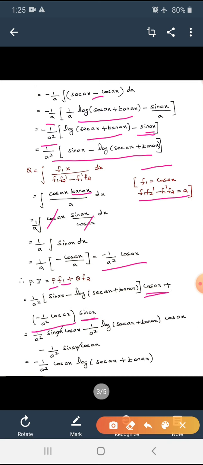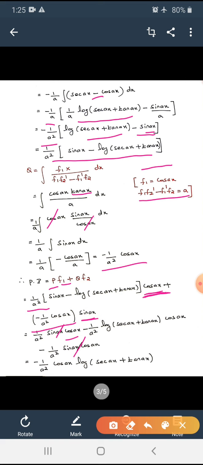So we get 1 by a square sin ax into cos ax minus 1 by a square log secant ax plus tan ax into cos ax. We are multiplying 1 by a square and cos ax with each term. Similarly, in the second term you multiply with sin ax. So we get minus 1 by a square sin ax into cos ax. Here you can see 1 by a square sin ax cos ax minus 1 by a square sin ax cos ax. We can cancel these two terms. So the remaining term will be minus 1 by a square cos ax into log secant ax plus tan ax. This is the value of Pi.